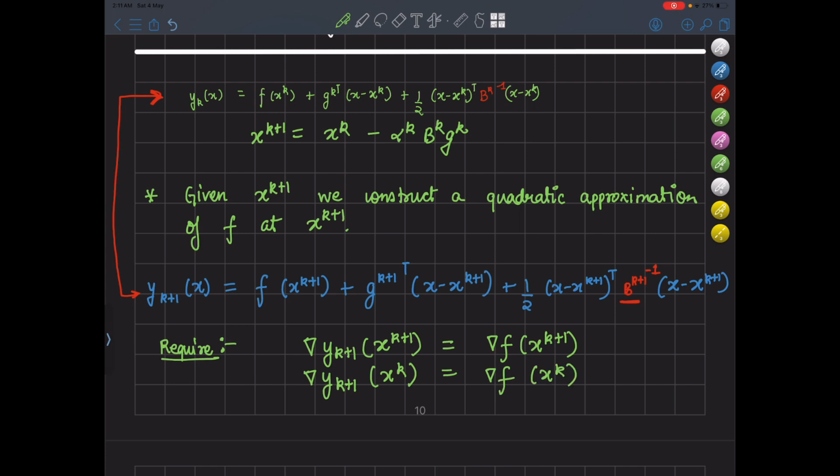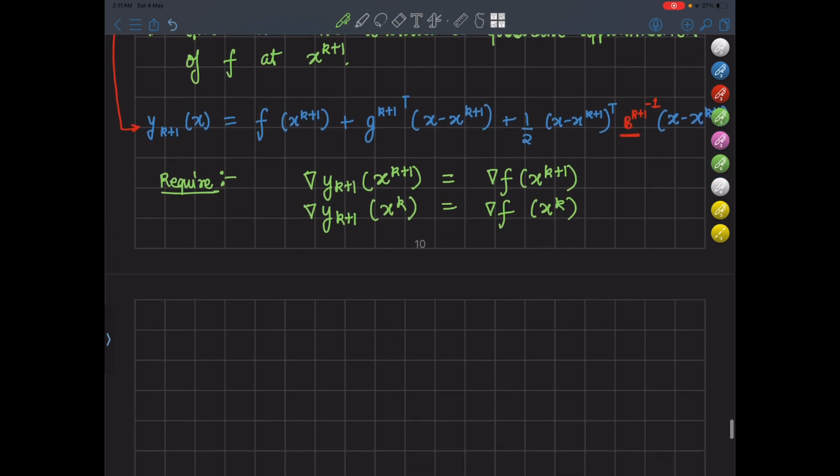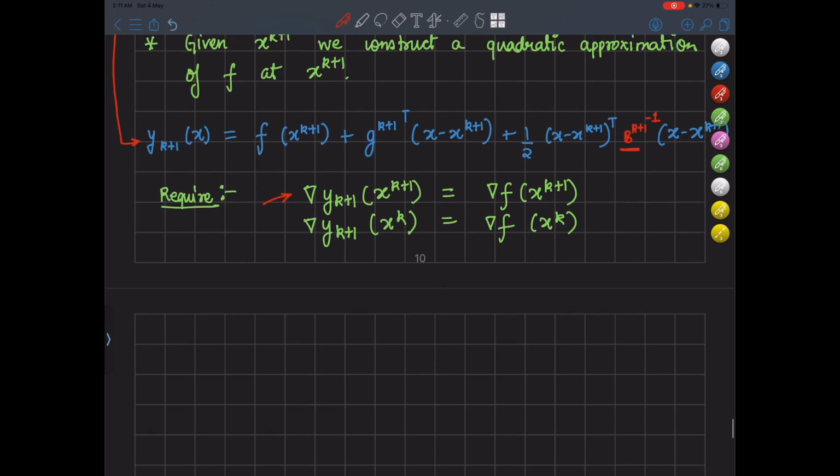So we say that this function, if it is a good approximation of the original function, then the gradients at xk plus 1 and xk should be equal to the respective gradients of the function. So the first condition: the gradient of the approximation at xk plus 1 is nothing but gk plus 1.